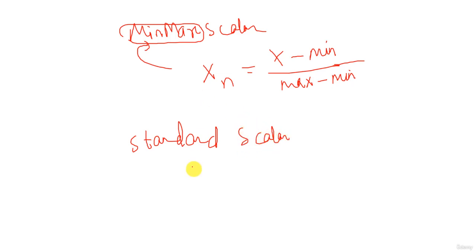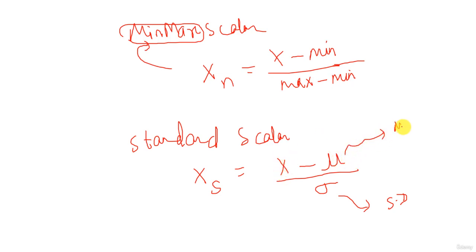Now standard scaler will calculate the standardized value for x by the formula x minus mu, where mu is the mean, divided by sigma. So sigma here is the standard deviation, which tells us how far our data is from the mean, and mean here is the average value.